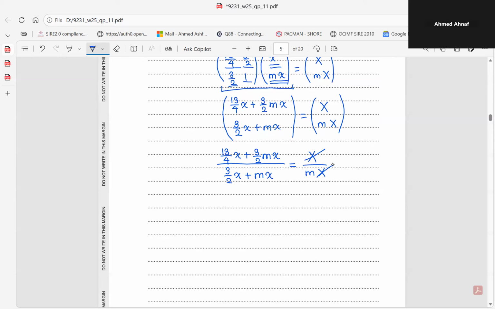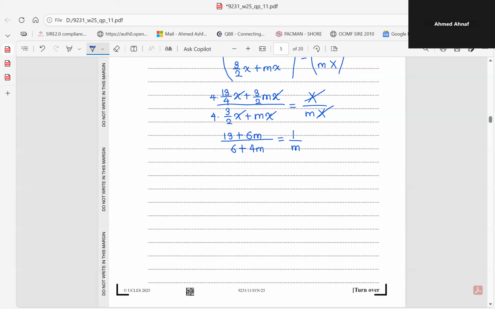So you can cancel out the x, same for here, and factor out. And yeah, let's multiply both the numerator and the denominator by 4. So you get 13 plus 1.5 times 4, that is 6m, over 1.5 times 4, which is 6 plus 4m, equals to 1 over m.